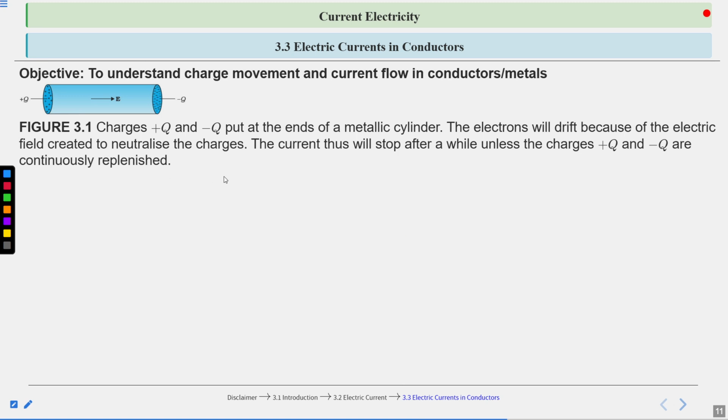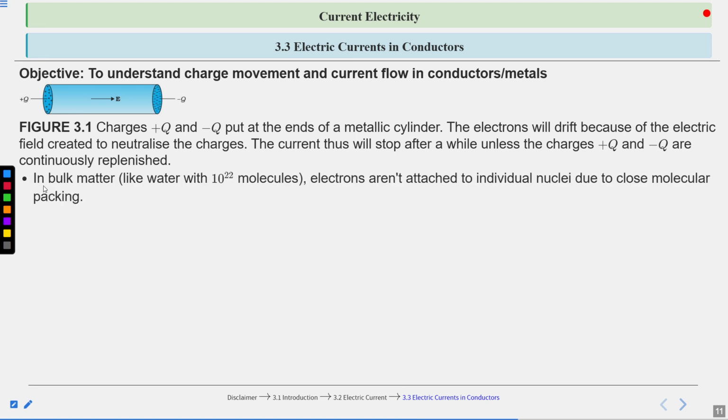So again, this figure. In bulk matter, like water with 10 to the power 22 molecules, electrons are not attached to individual nuclei due to close molecular packing. In 1 gram of water there are around 10 to the power 22 molecules.